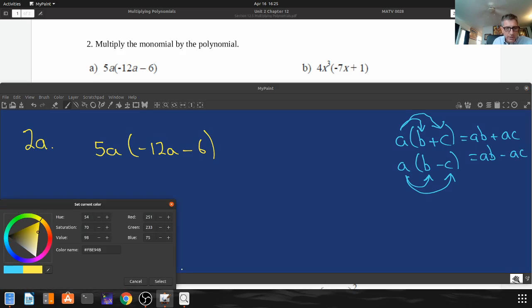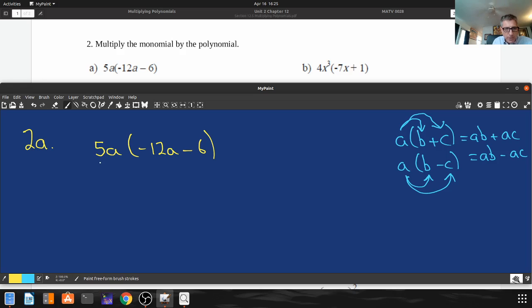So we're going to go here and do the same. I'm going to multiply this entire term times minus 12a. So that's 5 times minus 12 times a times a. Then it's going to be 5a times minus 6.